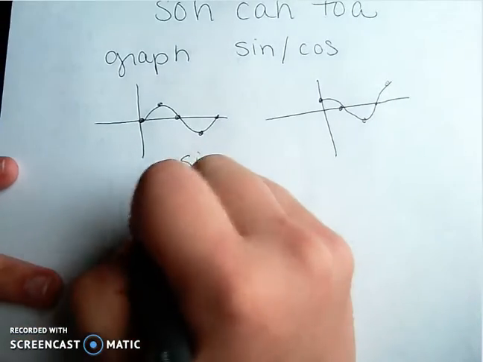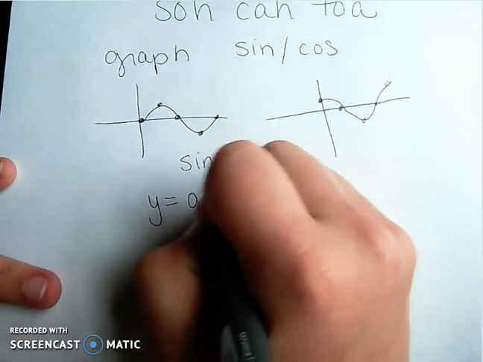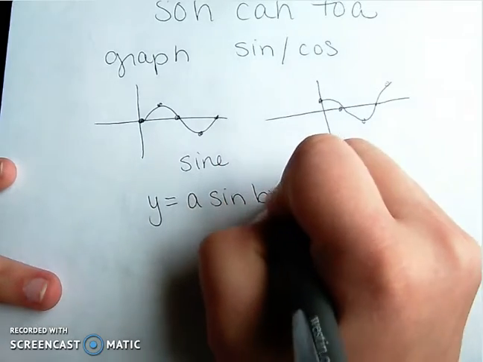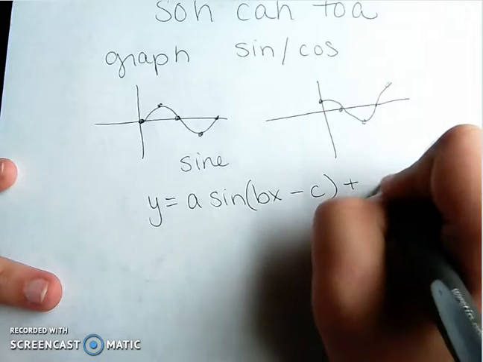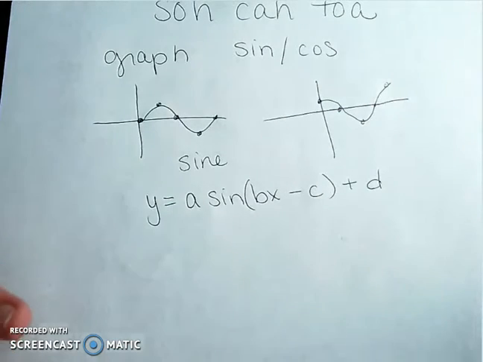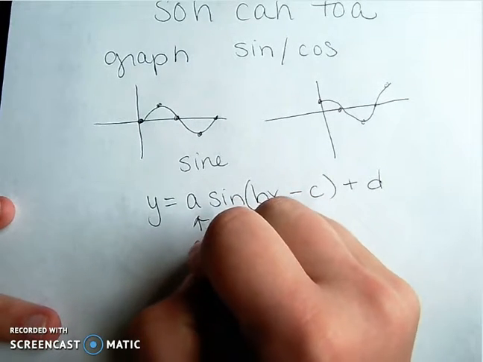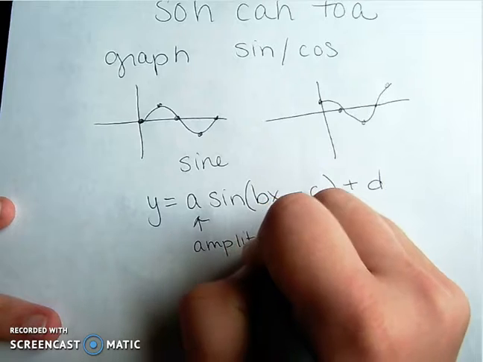You need to remember that in our formula, I'm just going to use C and D just to keep the letters in alphabetical order, but we normally say H and K. That A is our amplitude. Remember, amplitude is always positive.